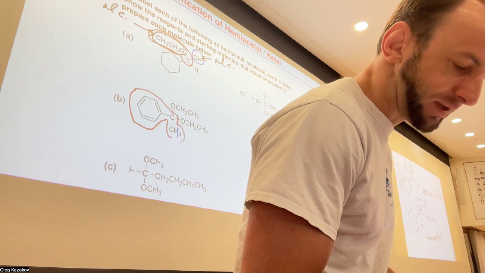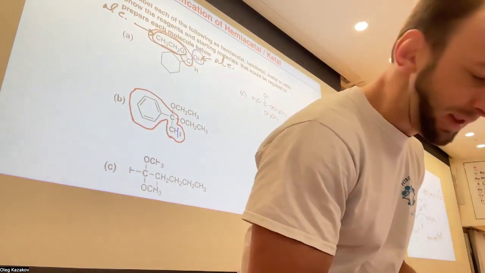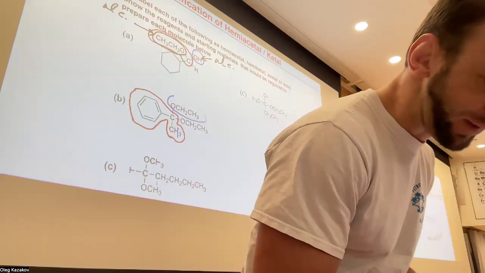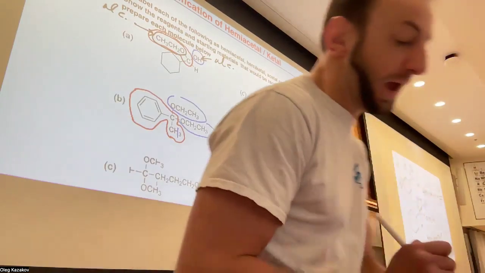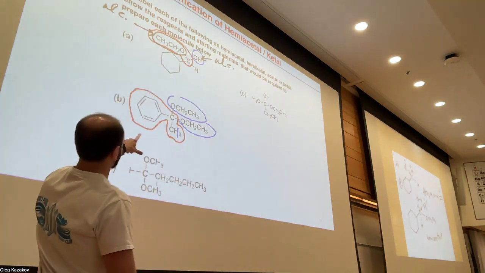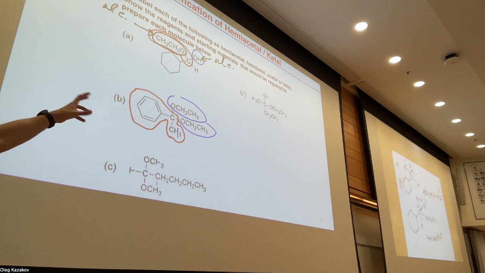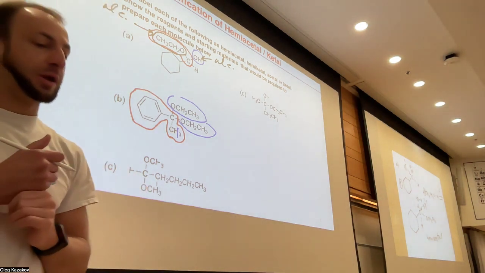Looks like this comes from a ketone, and those two things in blue came from an alcohol. Why do I think it is a ketone? Because a ketone is supposed to have carbon, carbonyl, and carbon, which is almost what we have in our red region of the molecule.